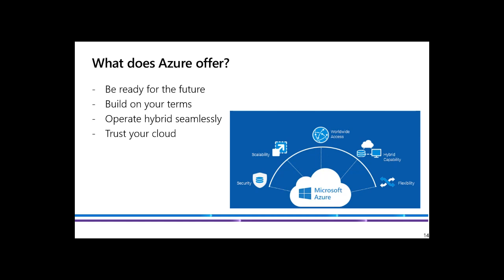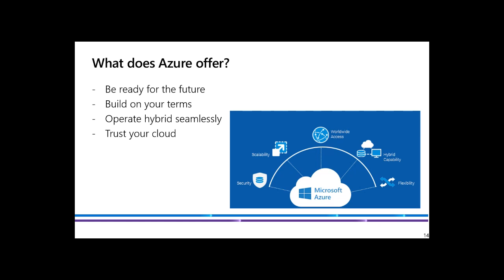The second one is build on your terms. That means you have your choices. So with the commitment to open source, and support for all the languages and frameworks, you can build what you want, how you want, and deploy where you want. So the third one is operate hybrid seamlessly. So on-premises and in the cloud, you will meet where you are.